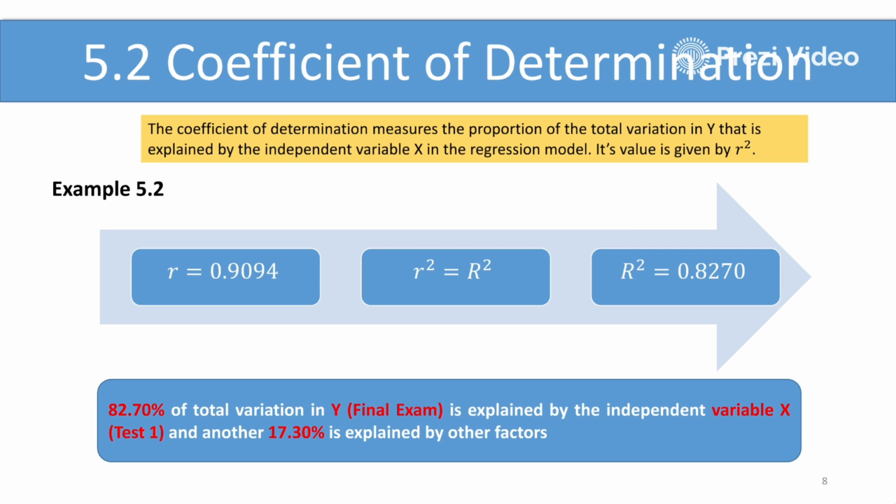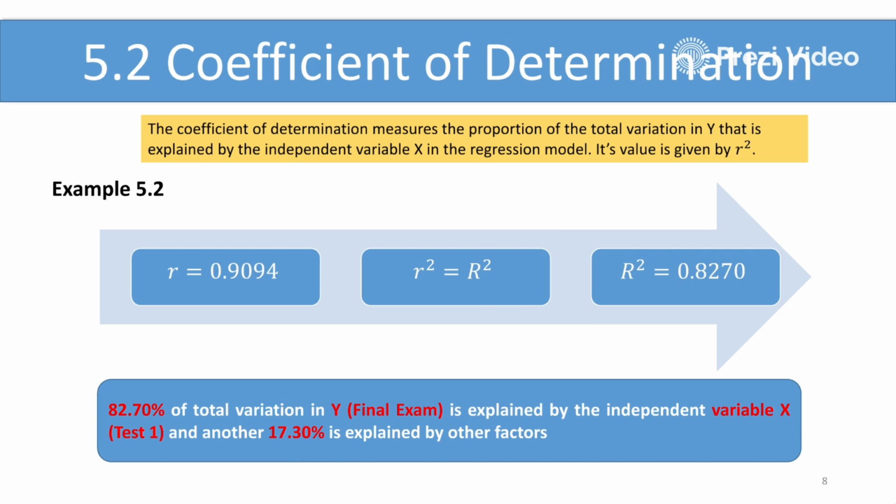Dalam bahasa mudahnya, coefficient of determination ni measures proportion ataupun perkadaran variation in Y, variasi yang di dalam variable Y. Contoh macam kita tadi ni, proportion of variation in final score that can be explained by the independent variable which is just now adalah test 1. How much test 1 can explain the final score.